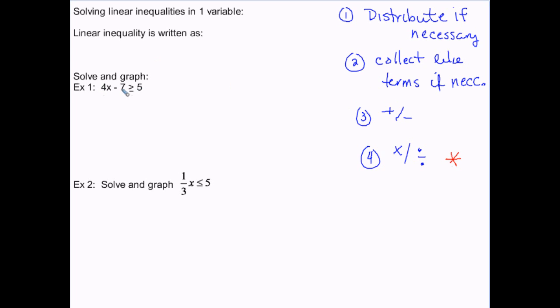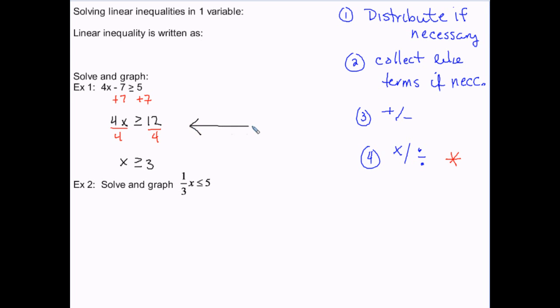So no distribution, no collecting like terms, so I'm just going to add 7 to both sides, which will give me 4x ≥ 12. I'm dividing by 4. So x is going to be greater than or equal to 3. It says to solve. Okay, I don't know how that happened.